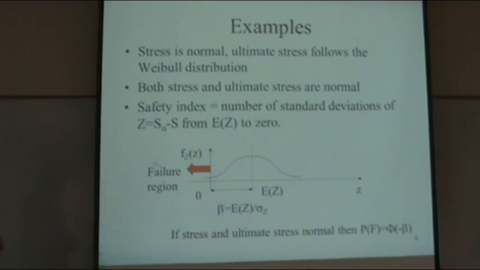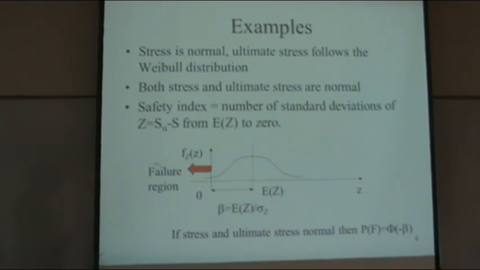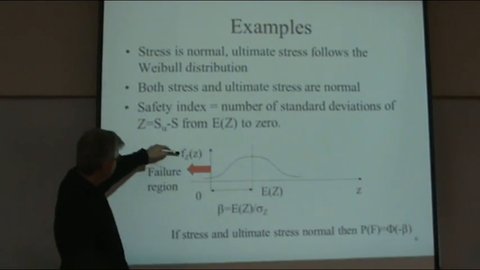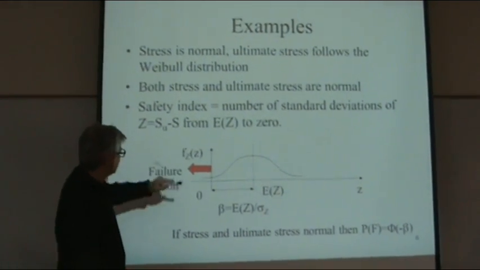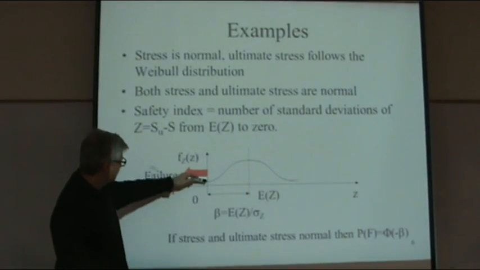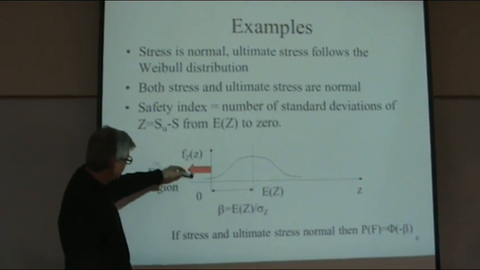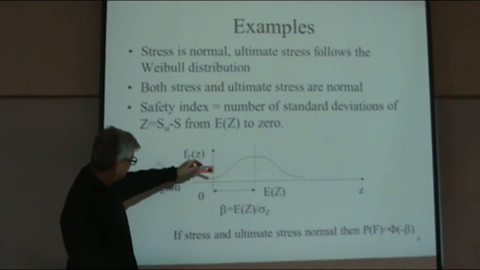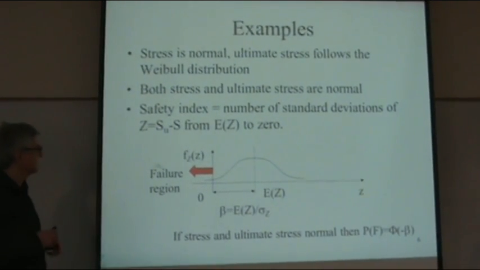And here is the probability density function of the difference of the strength minus the stress, and if this difference is negative, then you have failure. So this area here corresponds to the probability of failure.